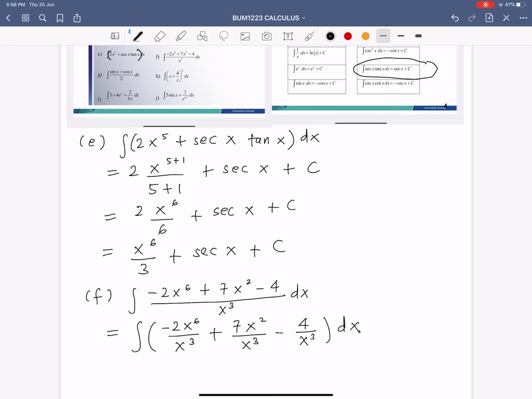Okay, we put a bracket here because we have this plus and minus sign.